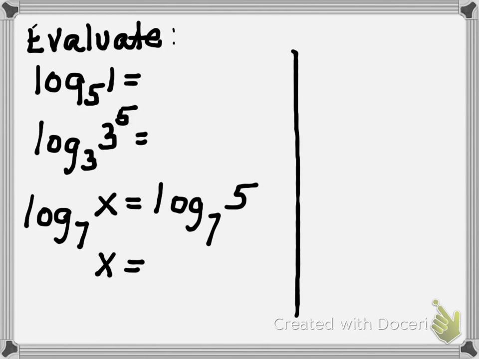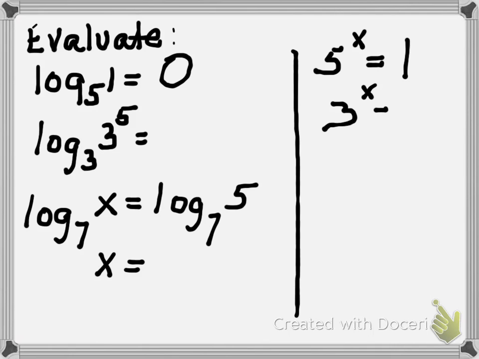Okay, these 3 might be a little bit easier. You have the base of 5. What is the log or the exponent that you're raising 5 to in order to get 1? So 5 to the 0 power is equal to 1. 3 is your base. 3 to what power is equal to 3 to the 5th.